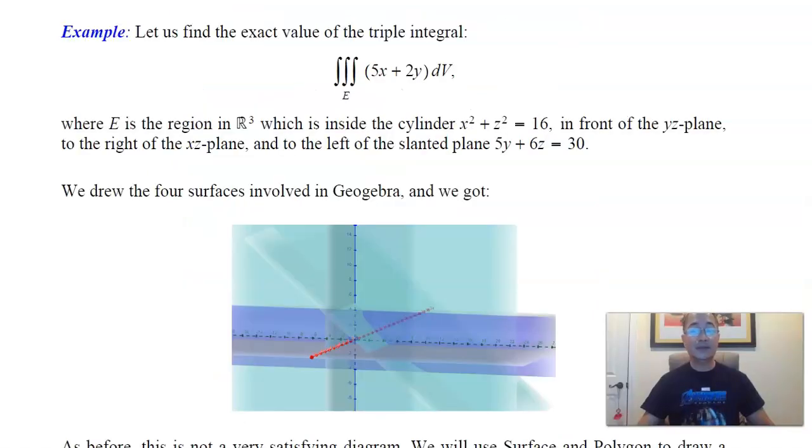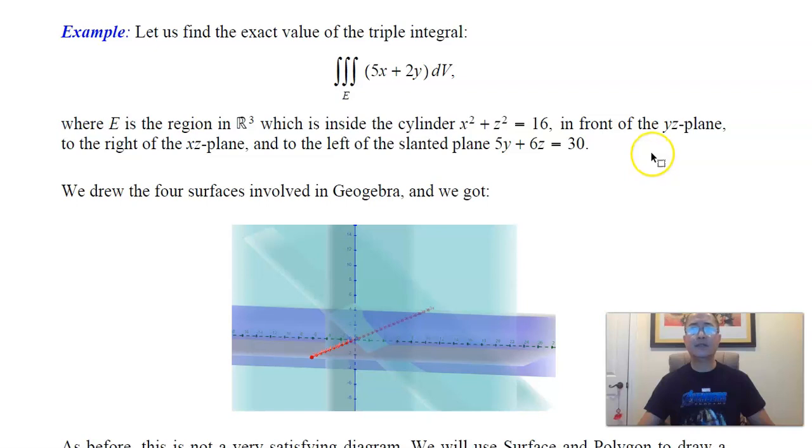All right, so here's the more complicated example, and we get to play with this diagram in GeoGebra. We want the triple integral of 5x plus 2y over the solid E, where E is the region in space which is inside this cylinder, x squared plus z squared equals 16, and which is in front of the YZ plane.